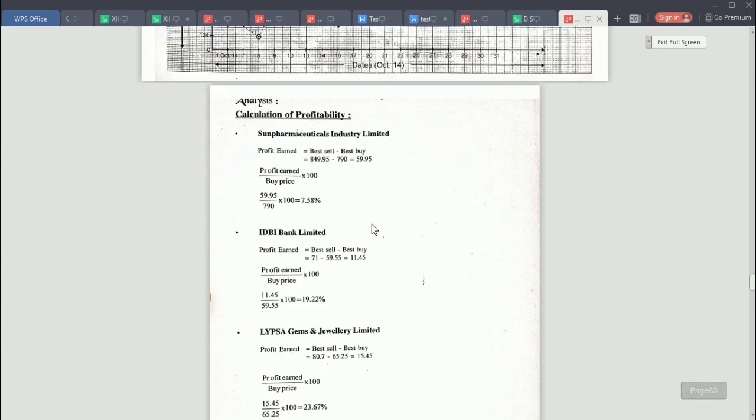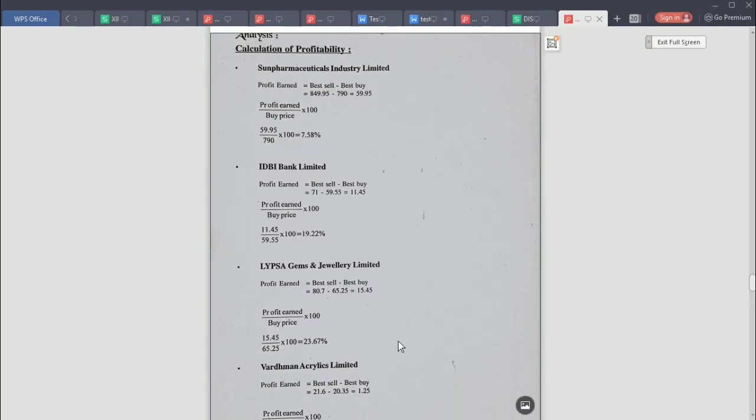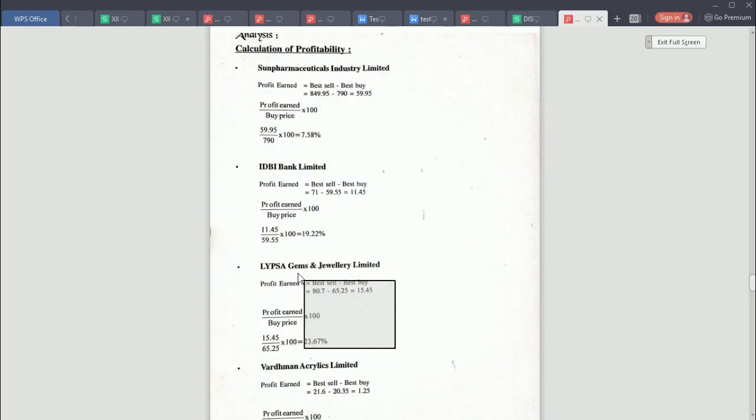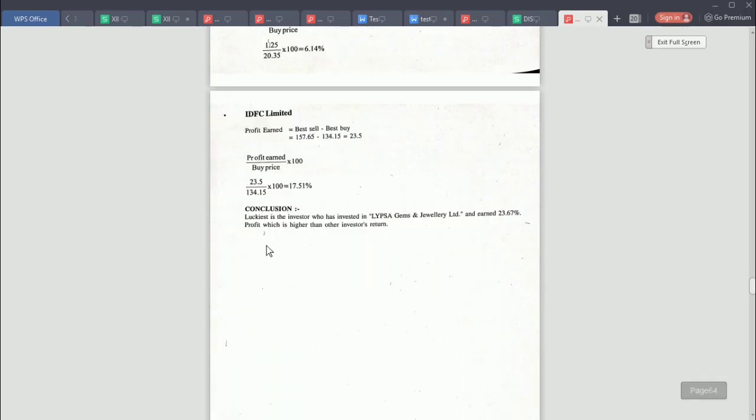I think 23.67 was the maximum. So this company, Lipsa Gems and Jewelry Limited, is giving the shareholder the maximum return on their investment, which means luckiest is the investor who has purchased at this price and sold at this price and earned a profitability ratio of 23.67. This becomes our observation and conclusion.